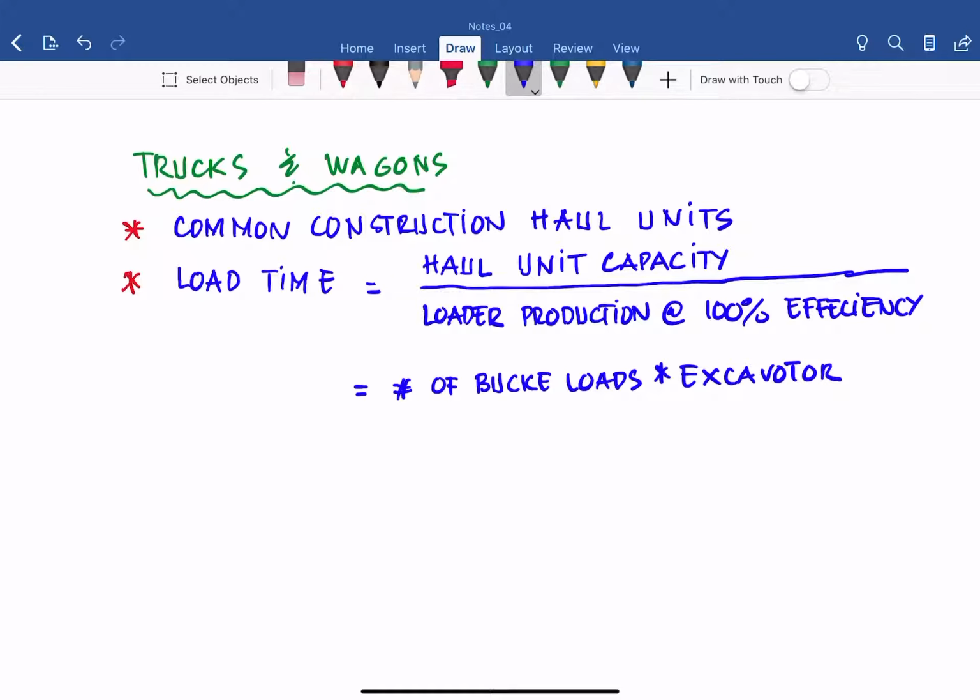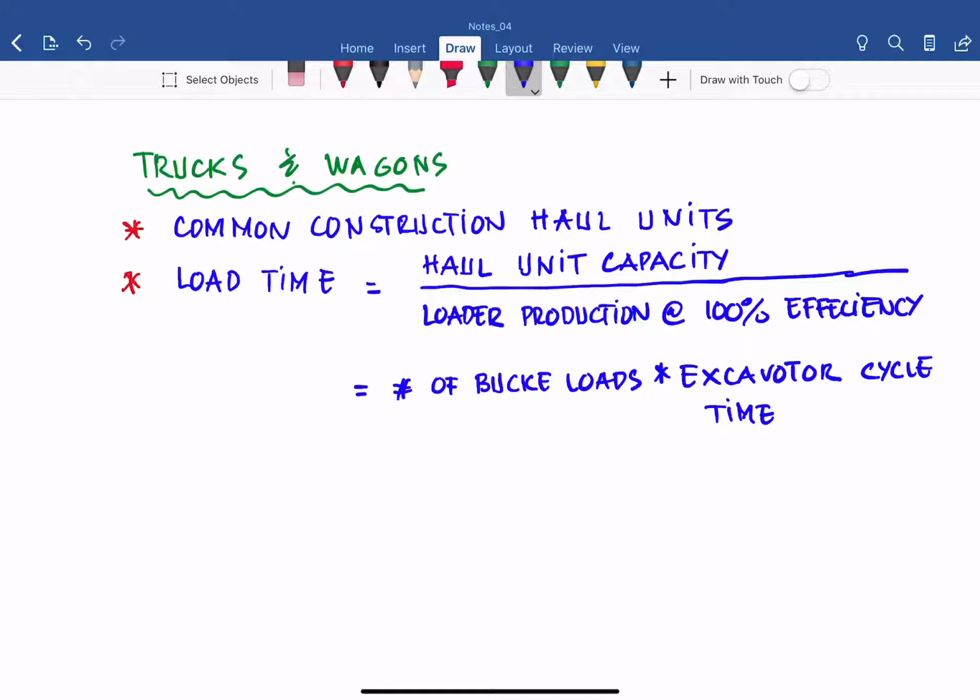And that's something we did in lesson 2, excavator cycle time. So like I say, to load material on the trucks or wagons, we use loader or excavator, and that's the equation to determine the load time.